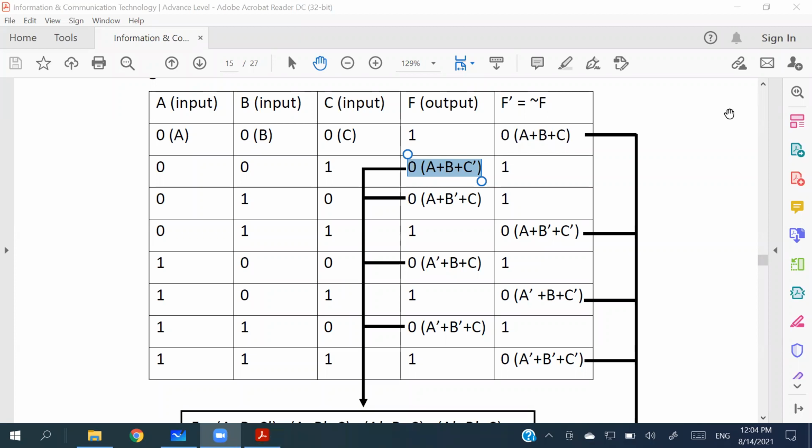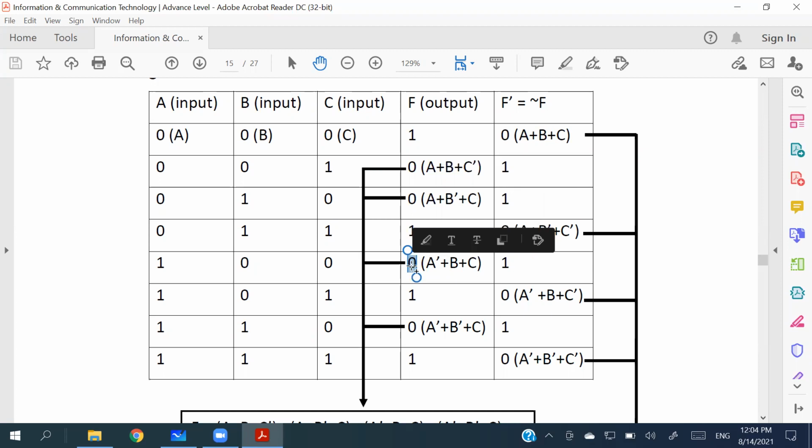Right, so same goes with this 0. The 0 has 0, 1, 0. That means you have A here. This indicates a B bar. This indicates a C. So we have A plus B bar plus C. And we disregard this 1 since we are writing a POS.